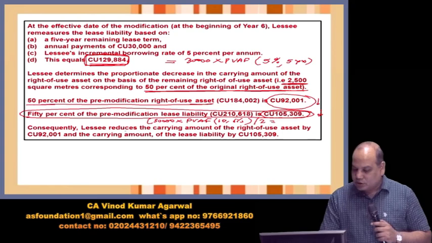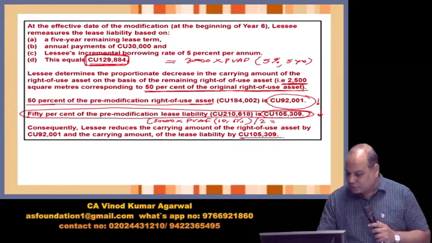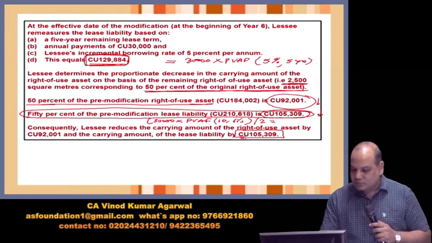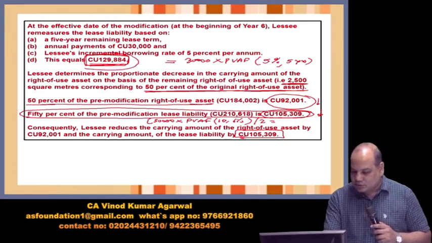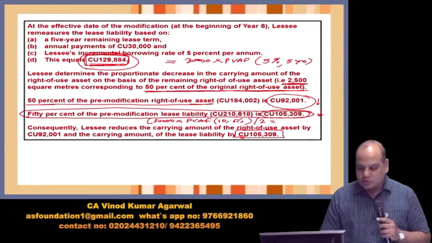So consequently the lessee reduces the carrying amount of the right of use asset and the carrying amount of the lease liability by 105,309. But here you have done one calculation, 129,884. So now you can pass entries in either one way or two ways.